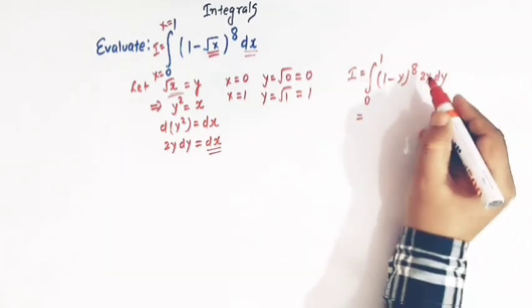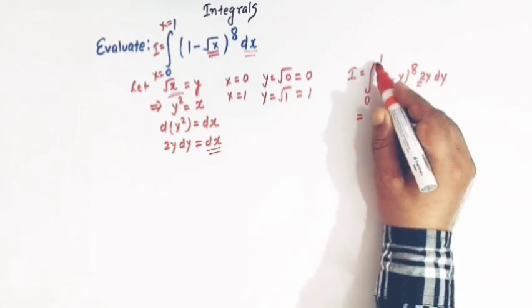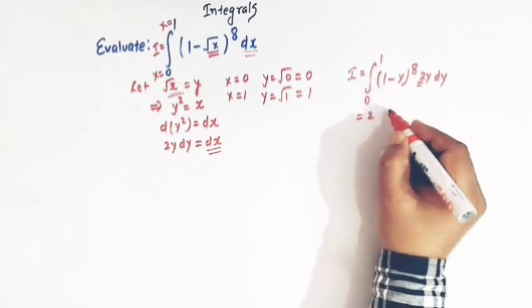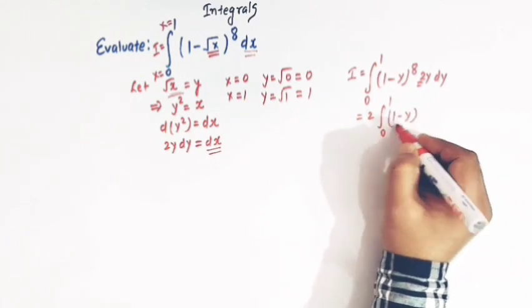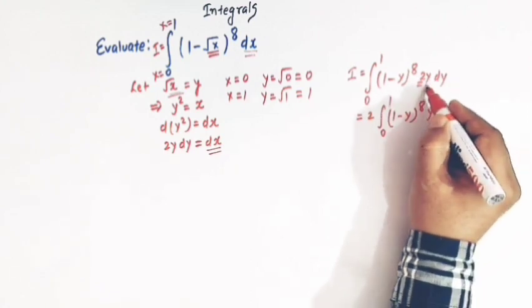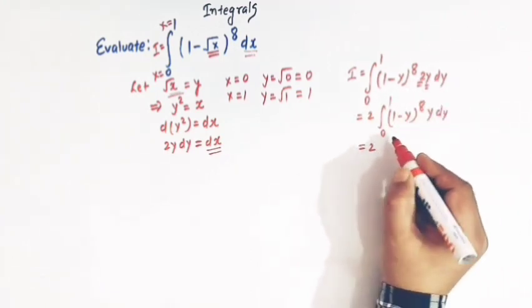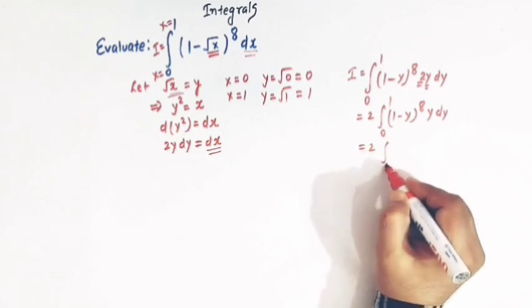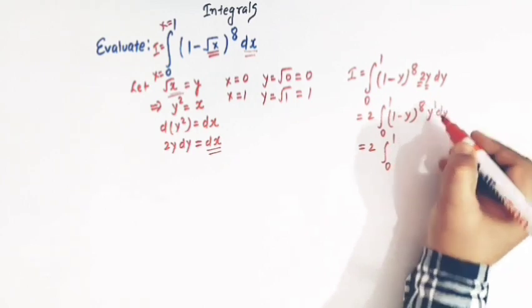Now this 2 can be taken outside the integral. So we have 2 times the integral from 0 to 1 of 1 minus y raised to 8, and we are left with only y. So now we can express this integral as 0 to 1, and here we have y raised to 1.